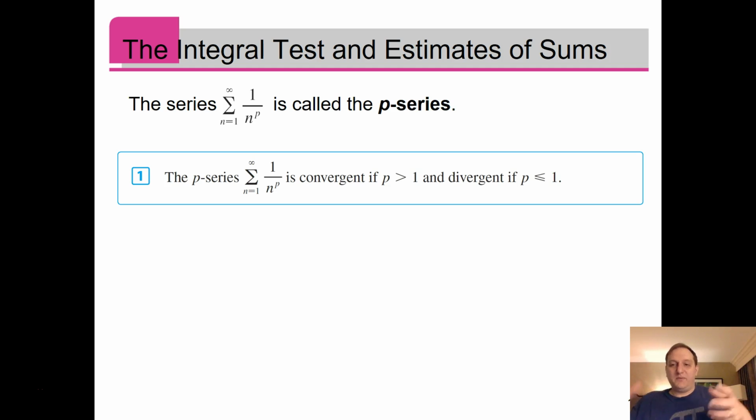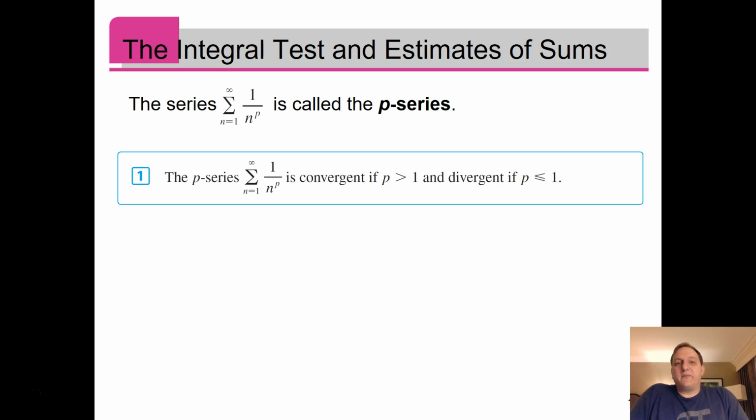Well, if we apply that knowledge along with the integral test, we get this theorem right here. This is one of those things that's just really good to have memorized. You're not expected to say that whole thing about the integral test or actually do the improper integral. This is just the p-series test.